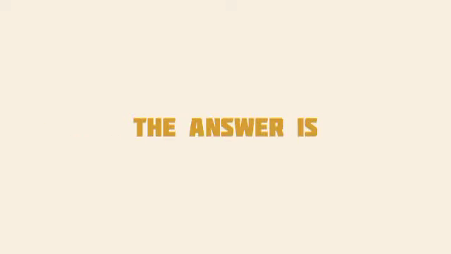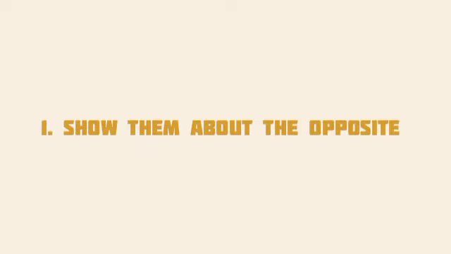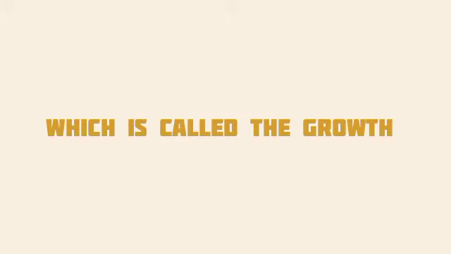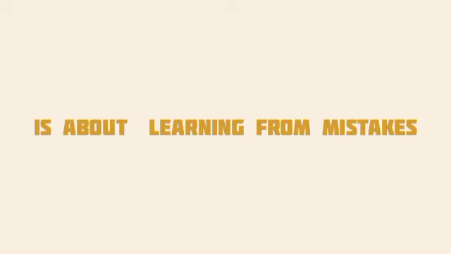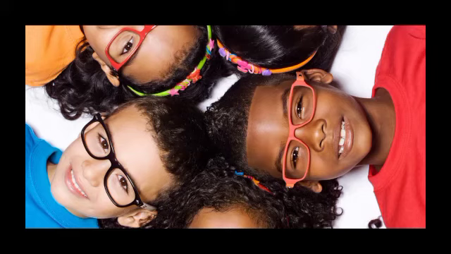So how do you change it? The answer is, number one, show them the opposite of the fixed mindset, which is called the growth mindset. The growth mindset is about learning from mistakes, taking charge of your personal growth, and having an undying belief that you are capable of learning and having good grades. Ingrain this into them, say it over and over again. Create affirmations that help them to begin to believe that they can have a growth mindset.